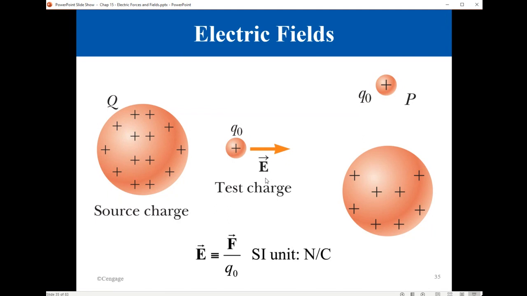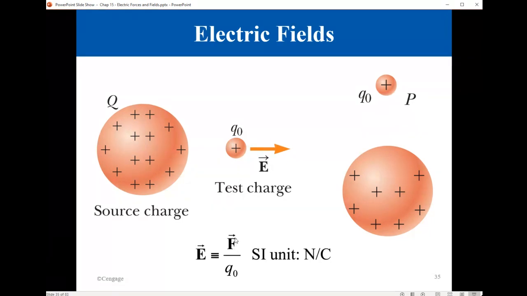In order to define the field, we check the force per unit charge. If you want the field at this point, imagine that you have a test charge Q naught, then measure the total force between the source and this test charge.